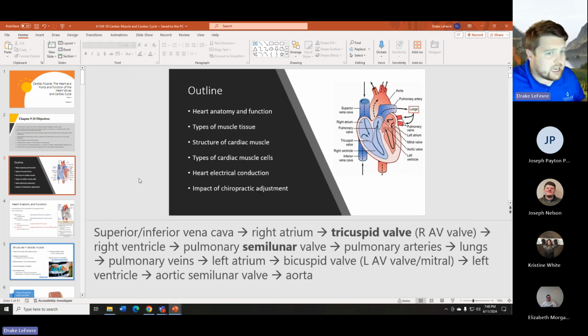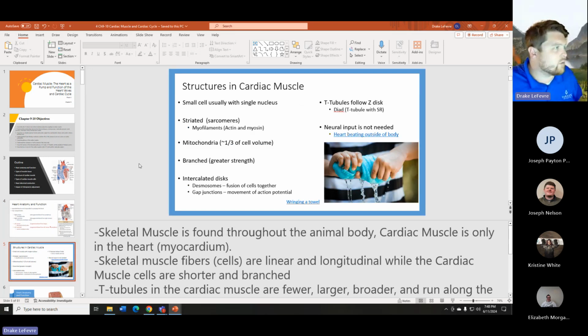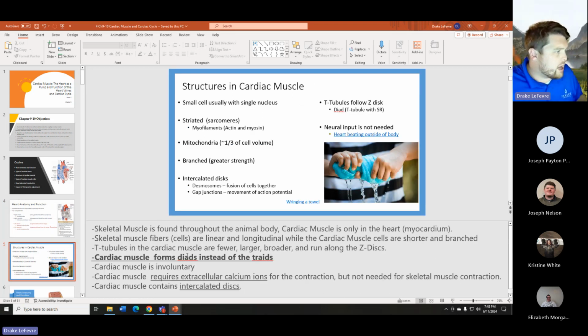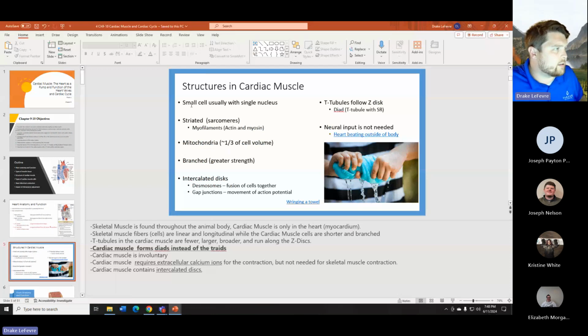And when you start looking at EKG stuff and comparing EKG stuff to blood movement, it all connects together.